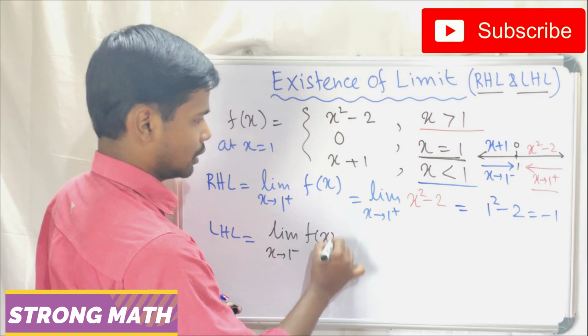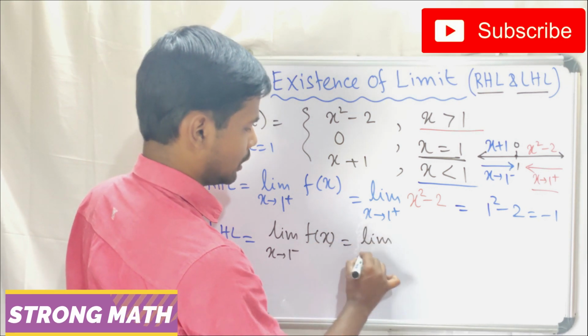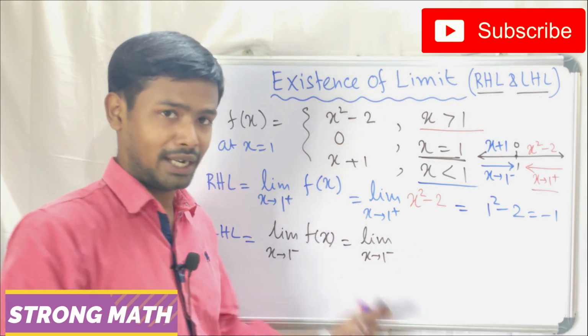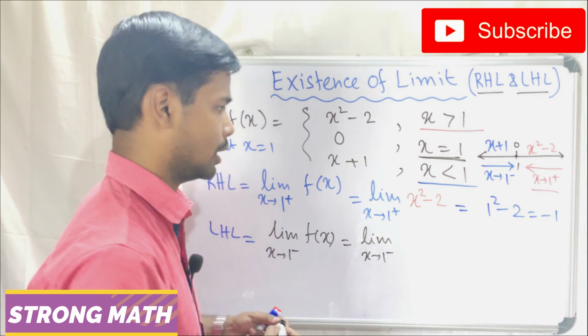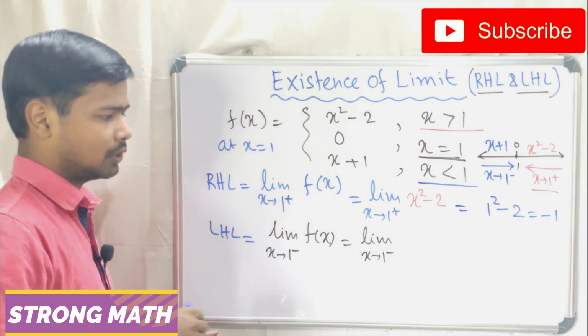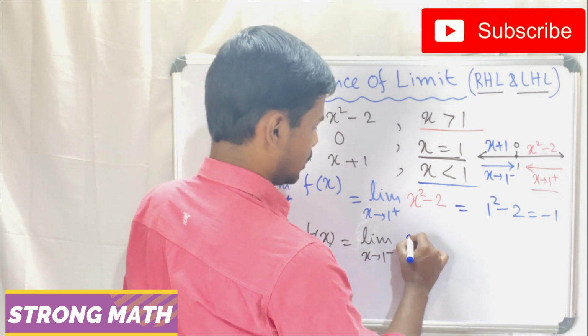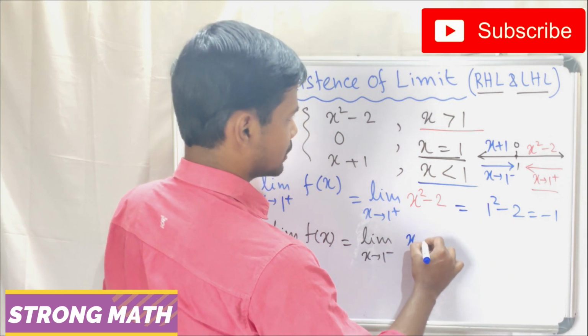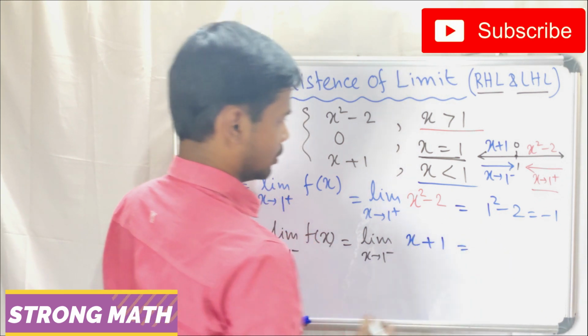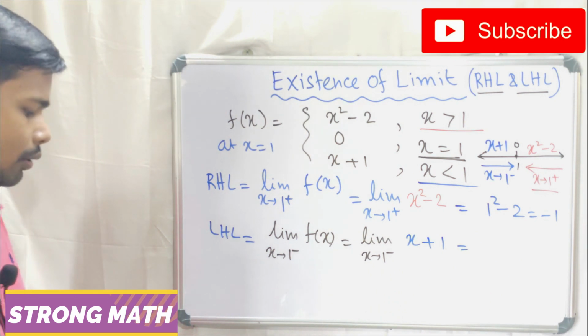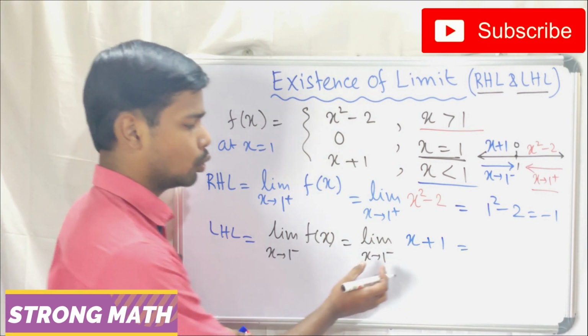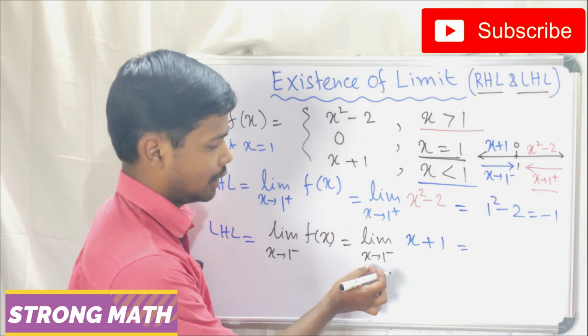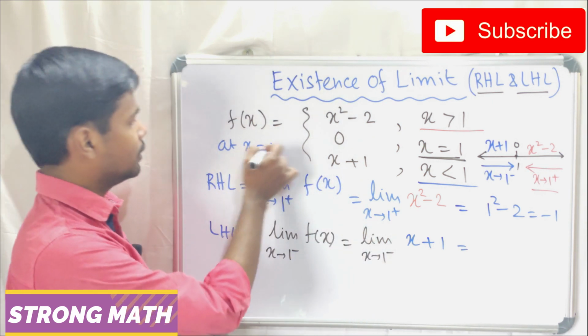So f of x is equal to the limit as x tends to 1 minus. The minus sign denotes the left hand side. The value of the function in this region is x plus 1. We have to put the value of x, the point is 1.